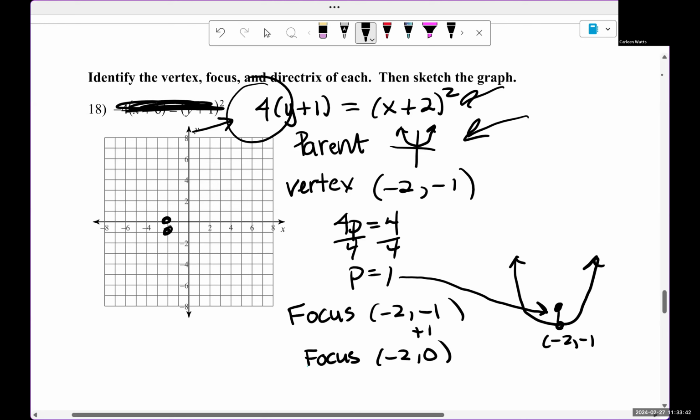Okay, there's something called the directrix. The directrix is this line right here. And we can see that it's a y equals, you go back to the y value. And now instead of adding 1, you subtract 1. So y equals -2.